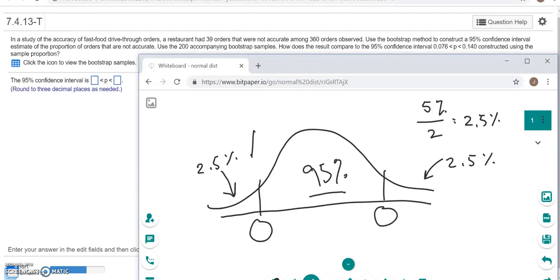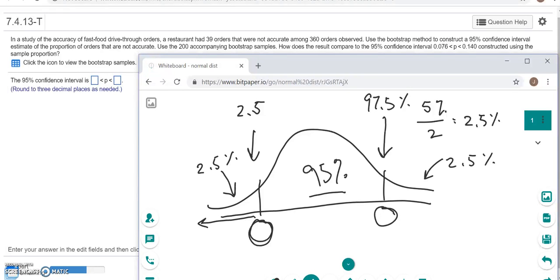So when we go to do our bootstrapping, we need to find these two percentiles. To get the lower limit of our confidence interval, we need to put in 2.5 for our percentile. We want to find the point on the graph right here where 2.5% of the data is less than or to the left of that point. The second percentile we need is for this point right here. This percentile is going to be the 97.5th percentile. Why is it 97.5?